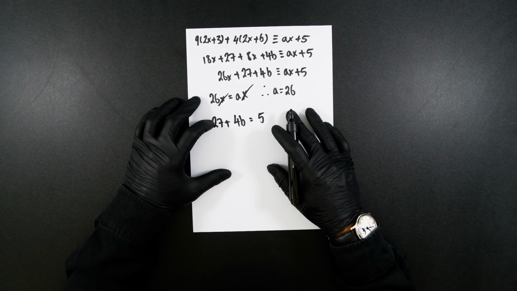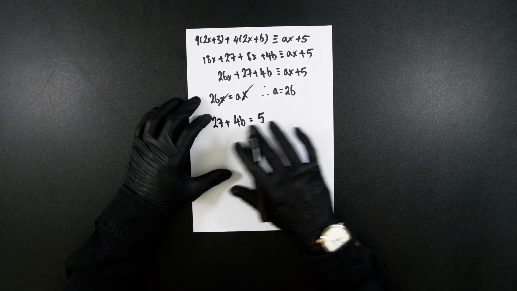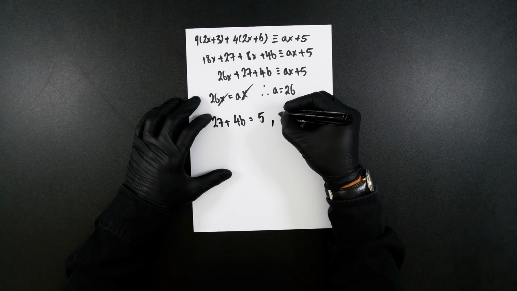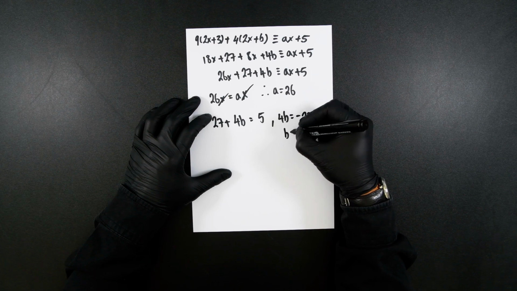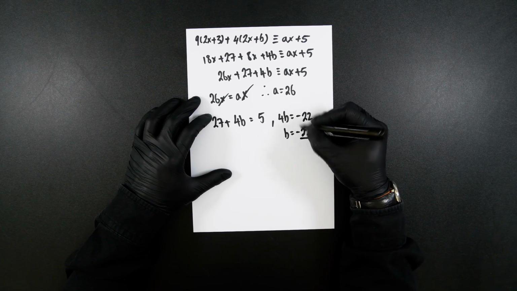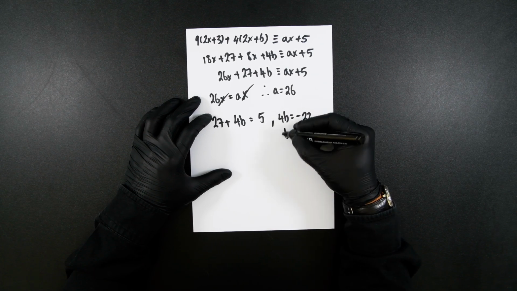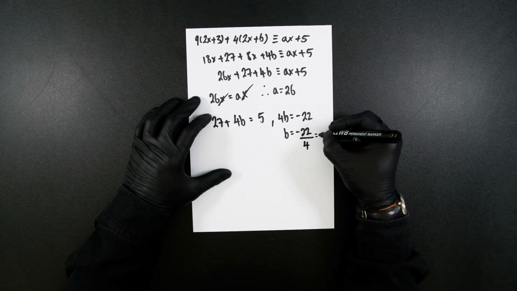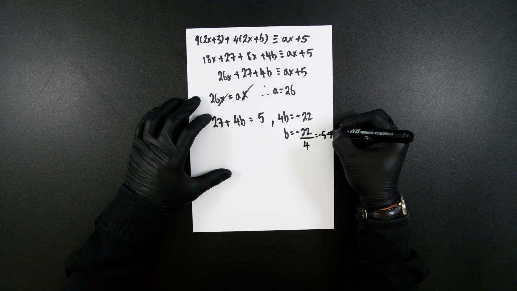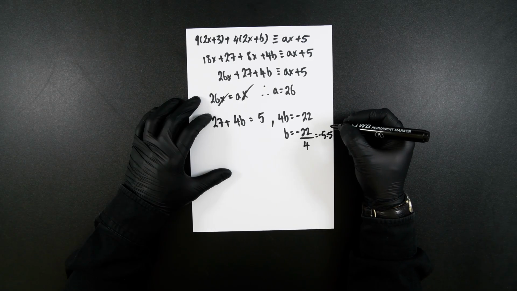So if we now subtract 27 from both sides, you're going to get 4b, which equals minus 22, and then we divide both sides by 4 to get rid of the 4 on the left-hand side. So b would equal this, or minus 5.5. There's a dot there.